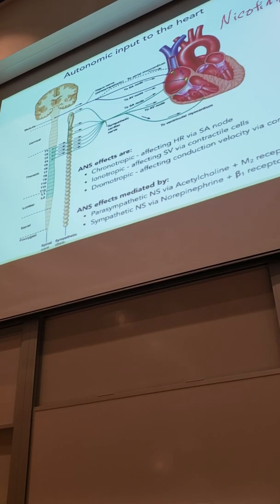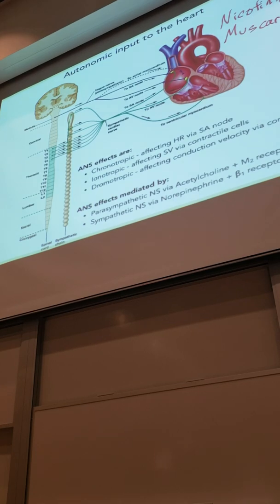Raise your hand if you've ever heard of a nicotinic receptor. Okay, somewhere deep in your brain, good. And the other is the muscarinic receptor. Nicotinic you find on skeletal muscles. Muscarinic you find on targets of the parasympathetic nervous system.